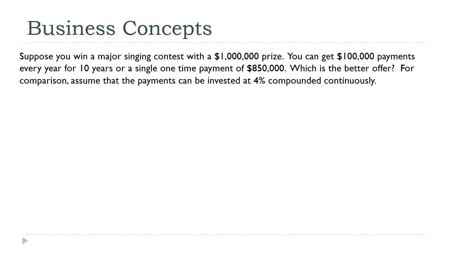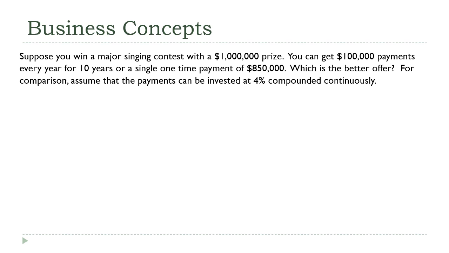I need to either take both options and turn them into the value of that choice today. I'm thinking in terms of the present value, or I need to take both of those choices and turn them into the value at the end of the process when I would have received every penny from both options, right? That's the future value option. So I'm going to do the present value option first, all right?